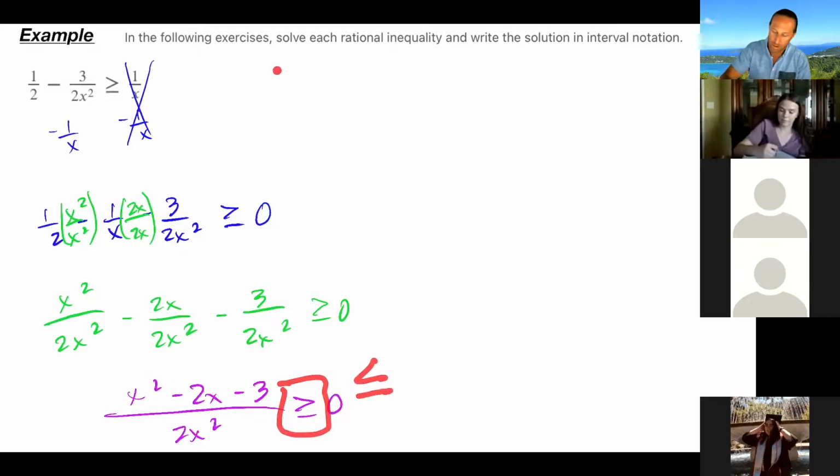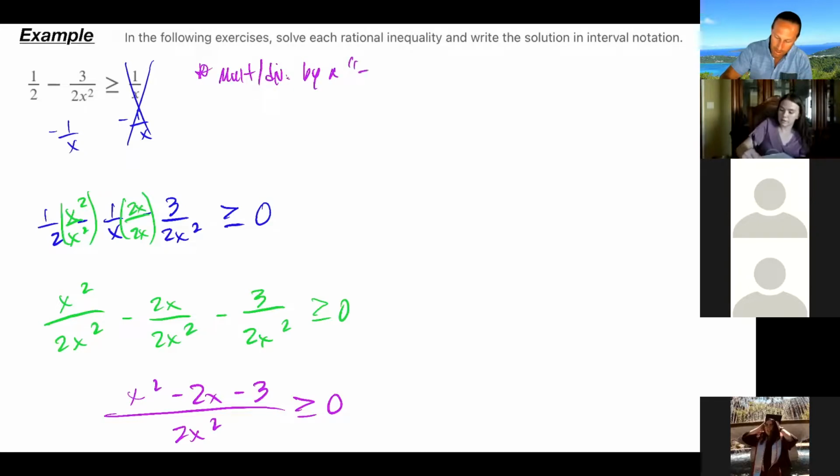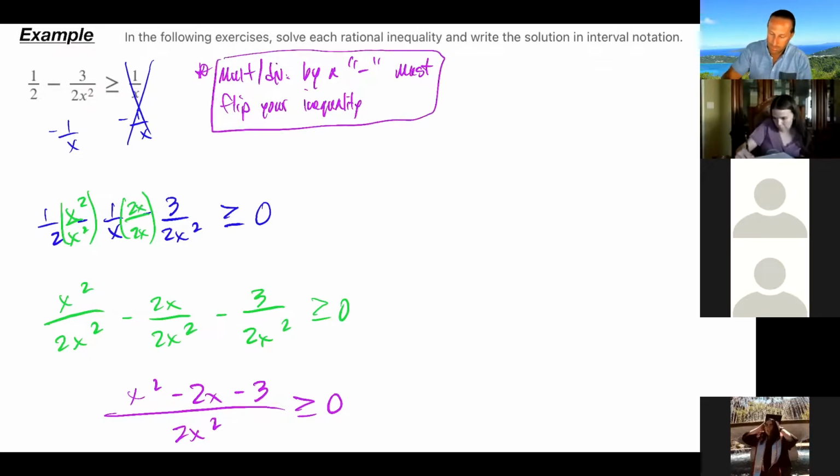So if you want to make a note of that, okay, if you ever multiply or divide by a negative, you must flip your sign, your inequality. Okay, hopefully we don't run into that, but I wanted to make a note of it.